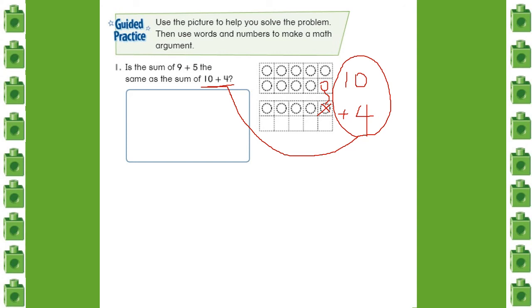And we started with, before we moved any markers, 9 plus 5. So all we needed to do was move 1 marker. That's an easy explanation, and I can see it, so that's a good argument. That's it. Now just solve 10 plus 4. And you've got your answers.